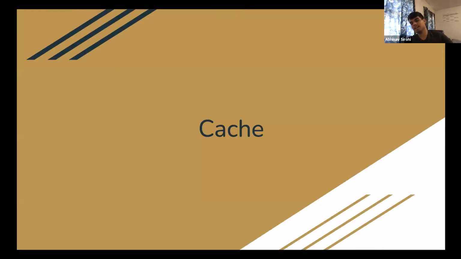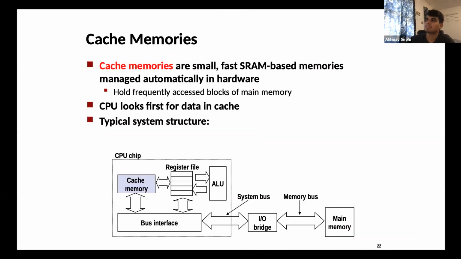And that is what brings us to cache. Remember we saw that diagram? We've added another piece into the diagram, which is the cache. Cache memories, we talked about how they're SRAM based, and they're very small. They hold frequently accessed blocks of main memory. So the CPU doesn't have to keep going back to the main memory for everything that it wants to access. It could have something stored close by.